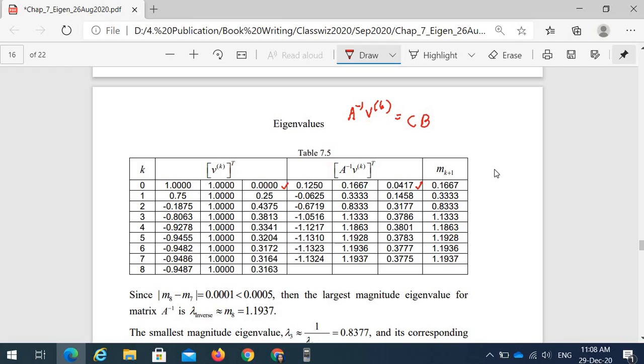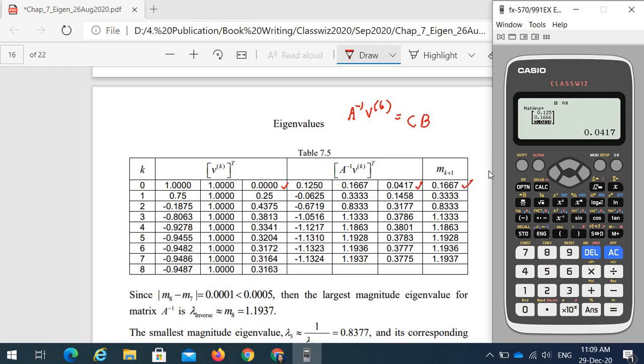Done. And then the MK plus 1 is the largest magnitude of the A inverse V node. So from these three values, the largest magnitude is 0.1667.